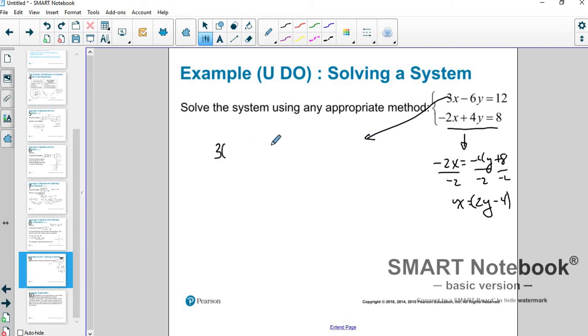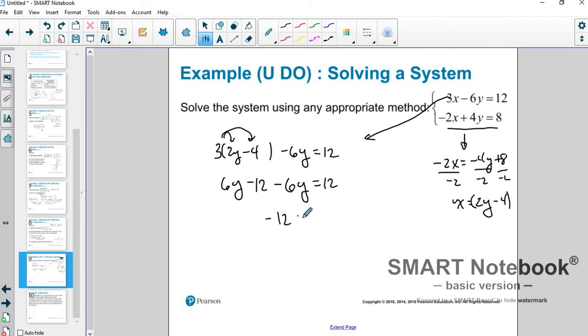So 3 times x, which is 2y minus 4, minus 6y equals 12. Distribute. 6y minus 12 minus 6y equals 12. So we get 6y minus 6y, which is 0. You get negative 12 equals 12. Close, but not the same, right? And since that's not the same, that means I have no solution.